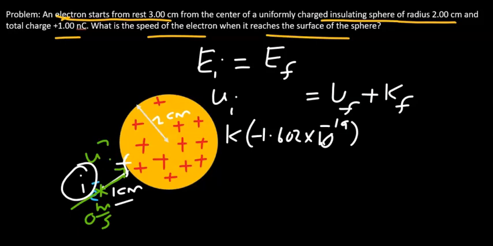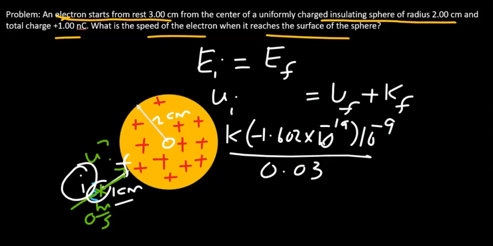The other charge is plus 1 nanocoulomb, so 10 to the power minus 9, over the distance between the electron and the center of the sphere, which is 3 centimeters, so 0.03. Now let's calculate the final electric potential energy, namely when the electron is at the surface of the sphere.